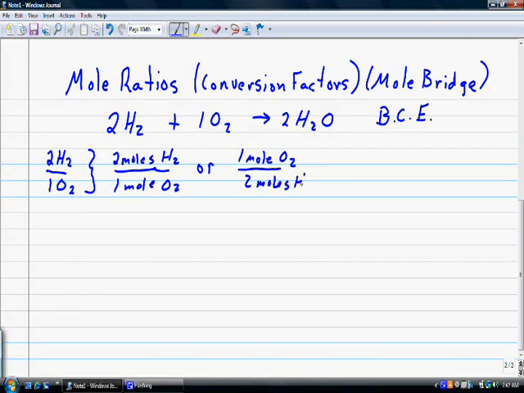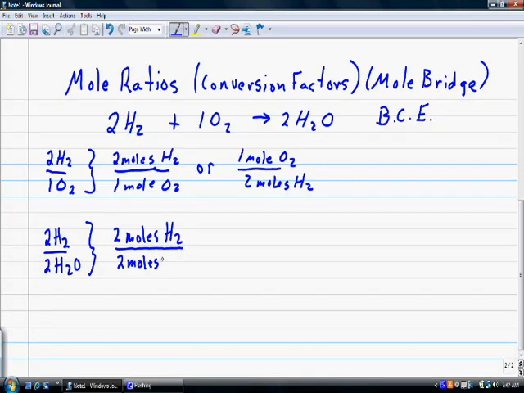If I look at the ratio of hydrogen to water, for every 2 molecules of hydrogen, I make 2 molecules of water. Or, as we showed, molecules or moles, 2 moles of hydrogen would make 2 moles of water. Or 2 moles of water would be produced from 2 moles of hydrogen.